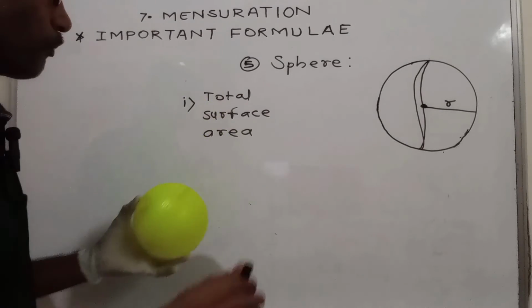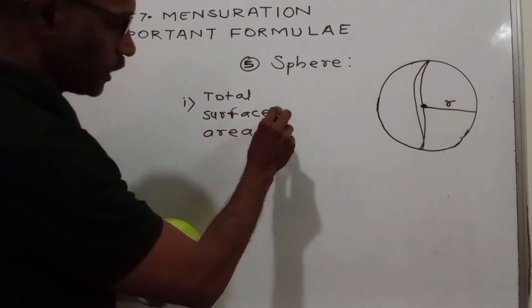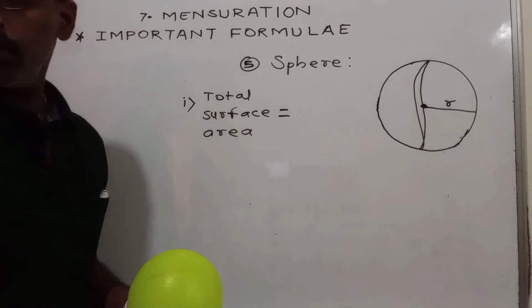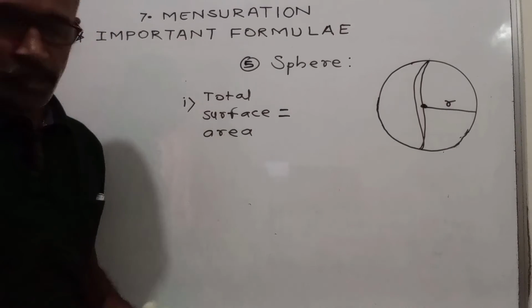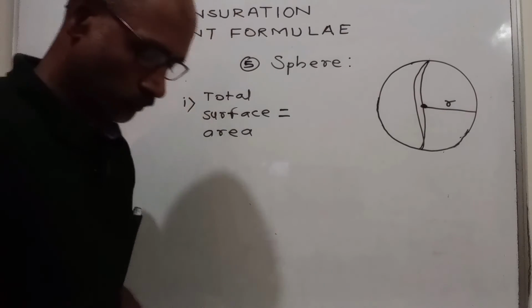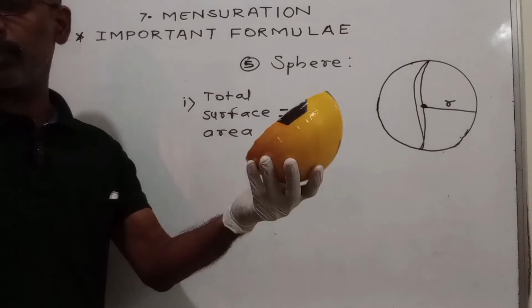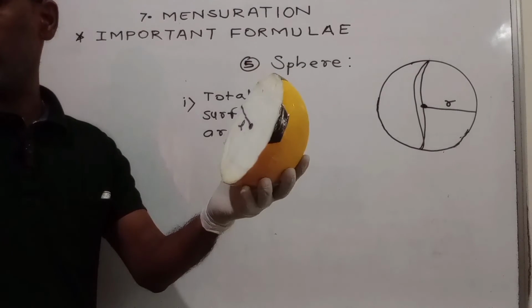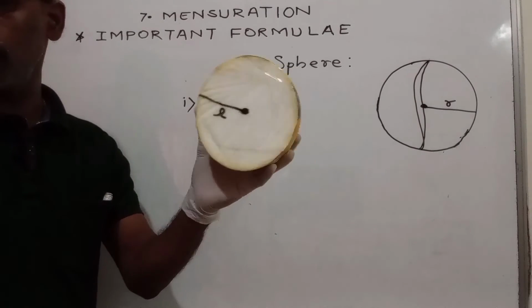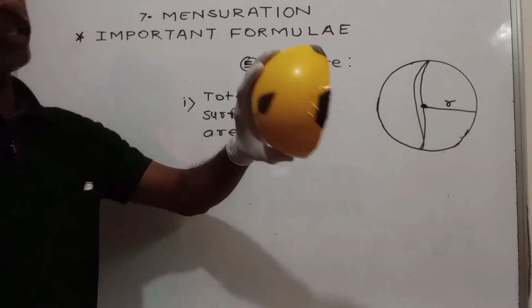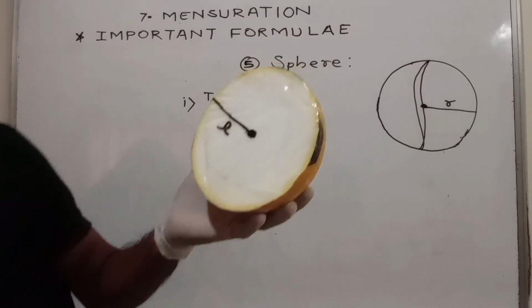Okay, now total surface area of a sphere is equal to, see here, when we cut this sphere into two equal halves, then we say hemisphere.